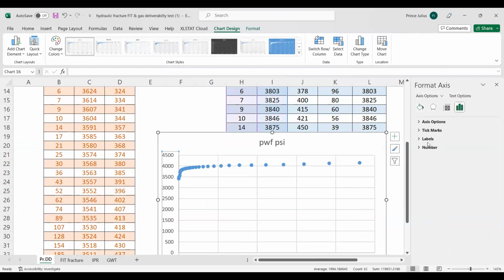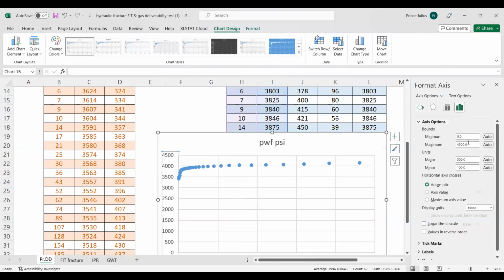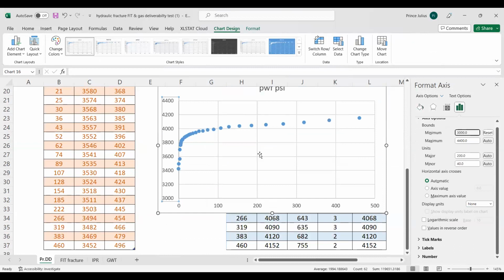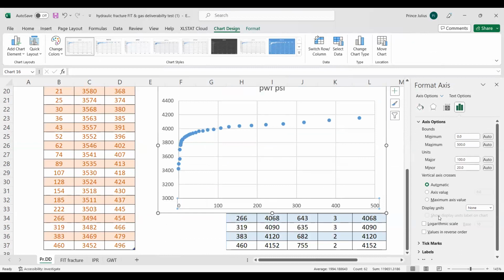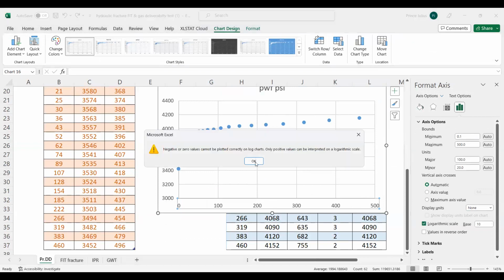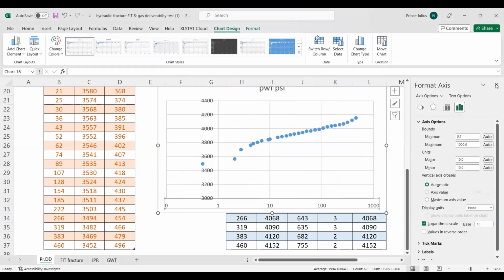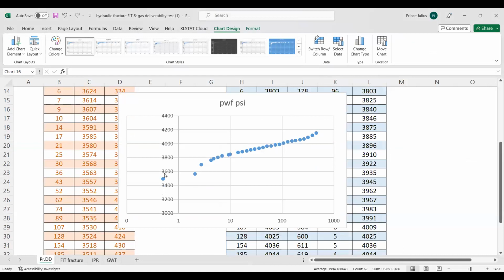I'm adjusting the axis value from 0 to 3000 is enough. And x-axis is logarithm. So you can see how the pattern has changed.